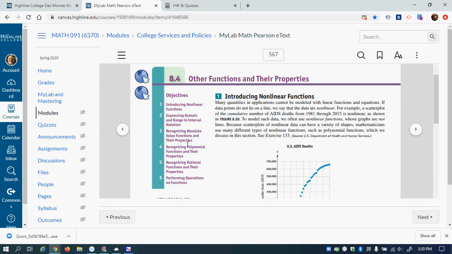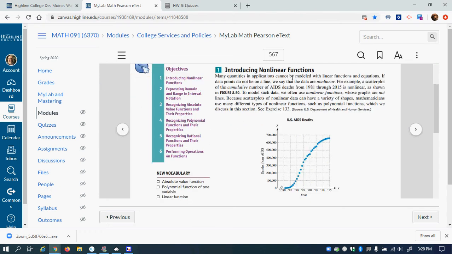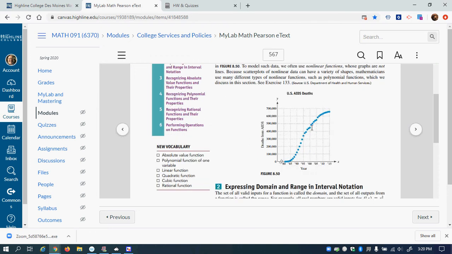Okay, so when we're looking at nonlinear functions, it's something like the graph that we have right here. This is a graph of the deaths from AIDS in the United States. This is the number of deaths, and this is the years as they have passed.